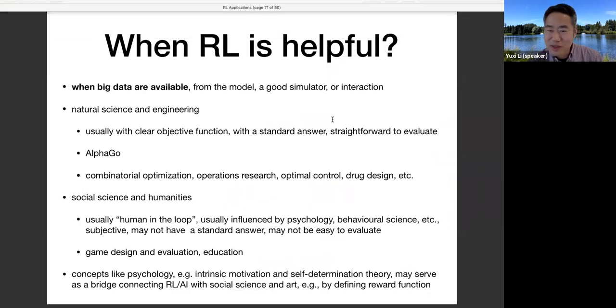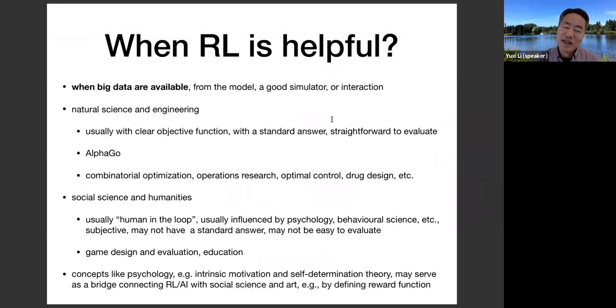Okay, there is some understanding for me about when reinforcement learning is helpful. Basically I think it's when big data are available. These days we are still working with big data, with machine learning, and so far reinforcement learning is still using big data to train the model. So we need big data. The data may be from a model, maybe from a good simulator, or maybe from interaction with the real system.